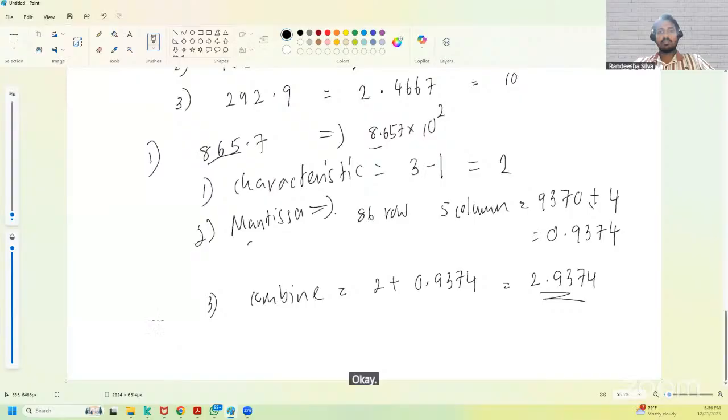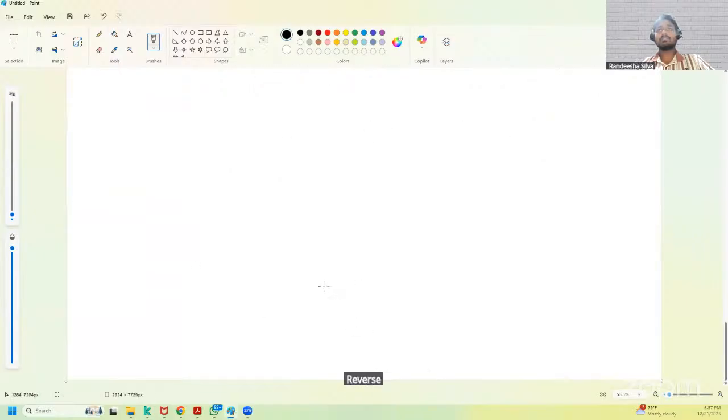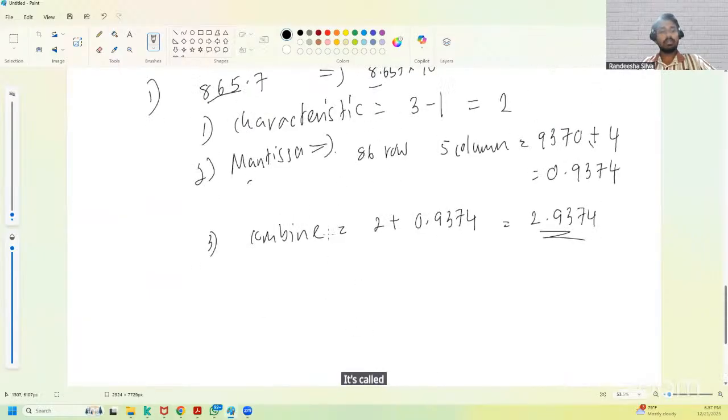Okay, students. Hope you got these answers now. Hi guys, can you listen? I can. Okay. Now we have to go for the reverse operation. What's that? It's called the anti-logarithms.